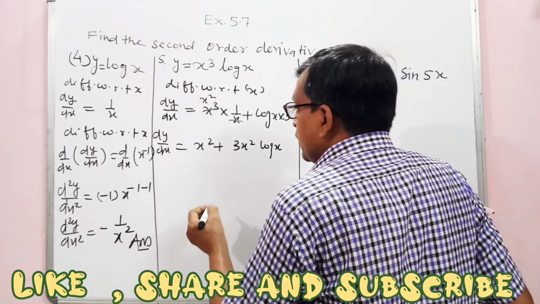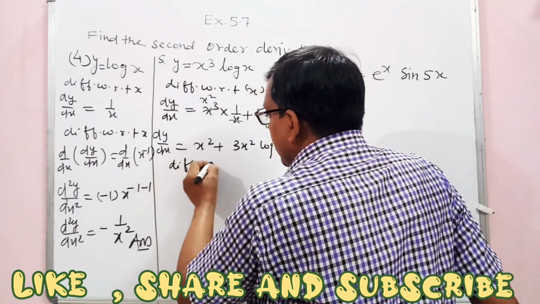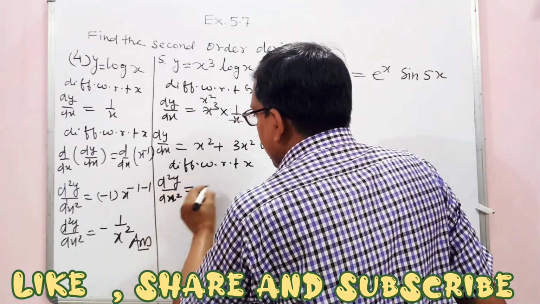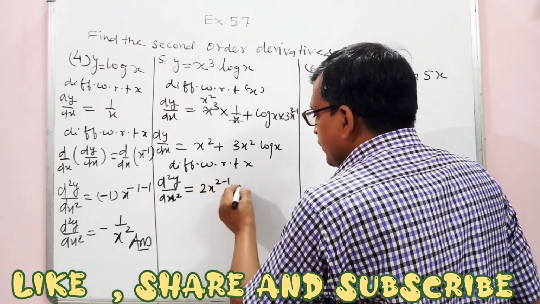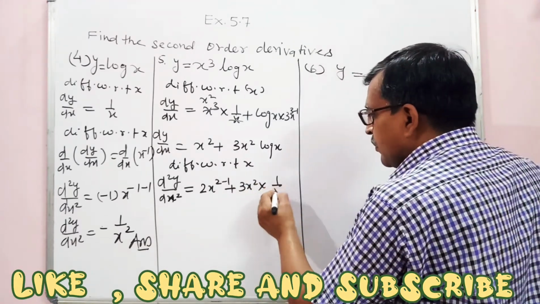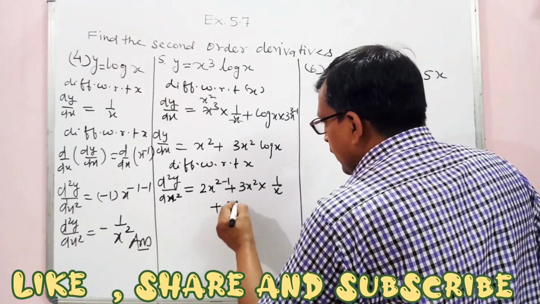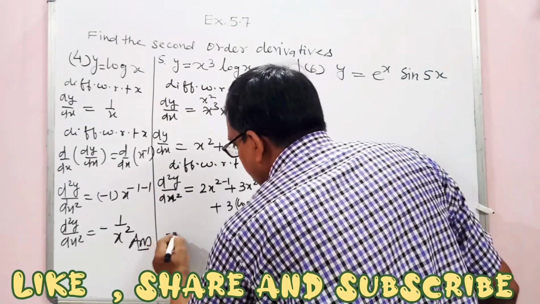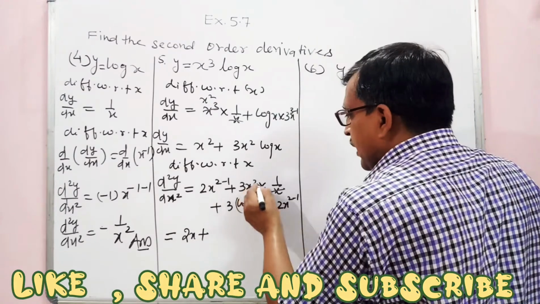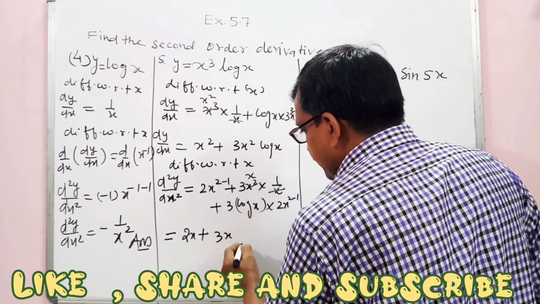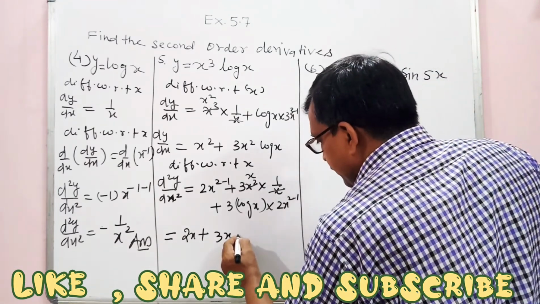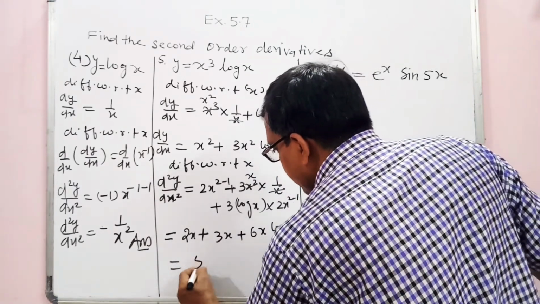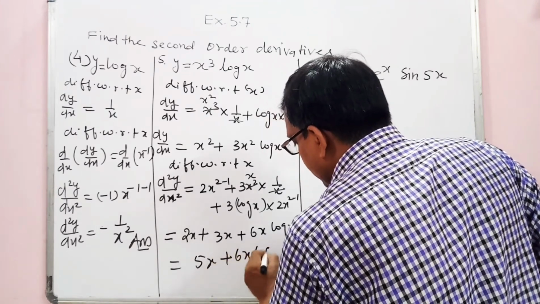Now once again differentiate with respect to x. d square y by dx square: derivative of x square is 2x, plus 3x square times 1 upon x, plus log x times the derivative of x square, 2x. So we get 2x plus 3x plus 6x log x, which is 5x plus 6x log x.